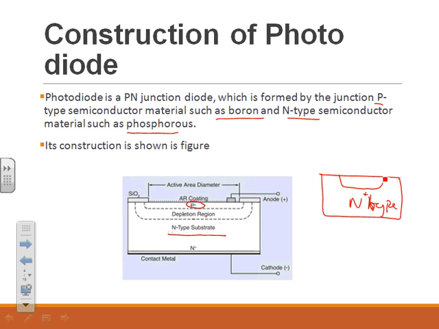We create a small window here, and we diffuse a p-type material. This is the silicon dioxide layer, the SiO2 layer, and this is a window. Through this window, we diffuse a p-type material into this n plus material. Due to this p-type and n-type, a diffusion region is formed like this, and the p-n junction is formed by this method.